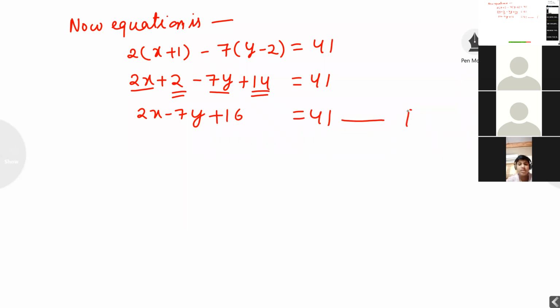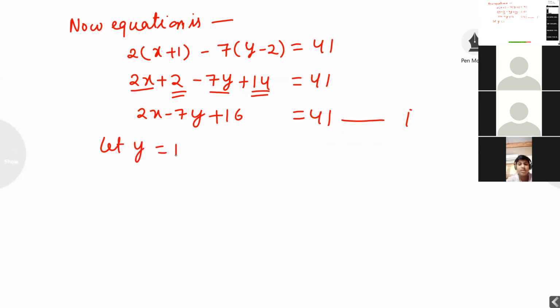Now question is asking find two more solutions. For finding two more solutions, we can take any value and find out the other value. Yesterday how we have solved. Because we don't know the value of x and y, we can assume any value. Suppose I am assuming let y is equal to 1.